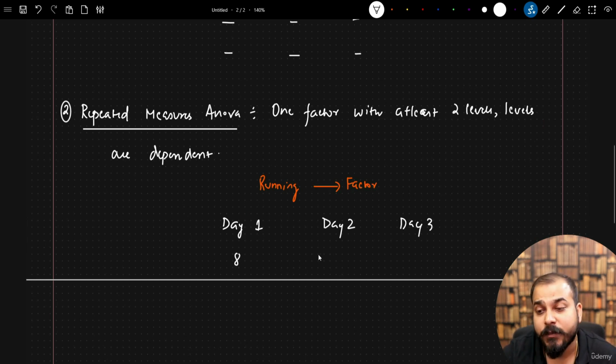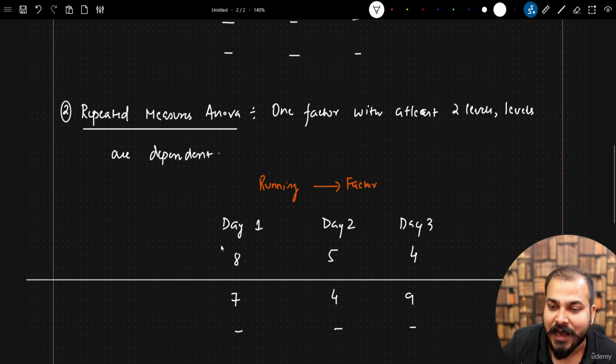The first day he or she may run 8 kilometers, second day 5 kilometers, then 4 kilometers. Like that we go to the next row. Let's say the next person runs 7 kilometers on the first day, then 4, then 9. So this kind of combination, they may have different data. But in this case, you can see these are my levels, and these levels are dependent.